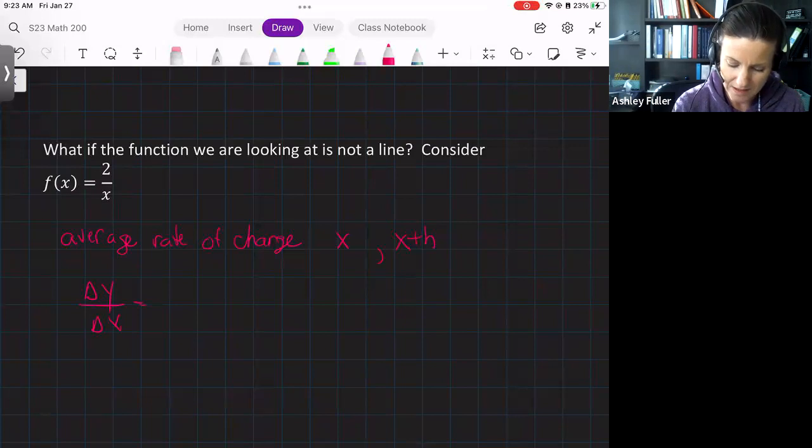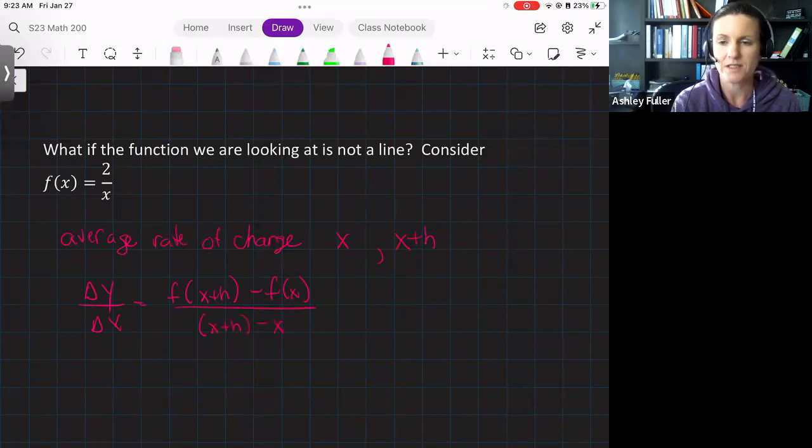Given our two x's, we're going to find the value of the function at x plus h minus the value of the function at x, divided by the change in the x values, which is simply going to be x plus h minus x, which results in just h.